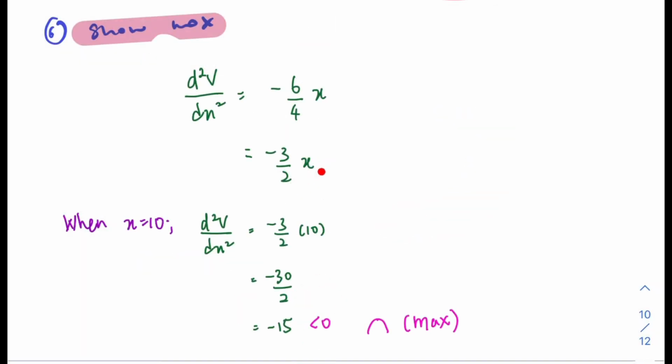So since you still have the value of x, we need to substitute the value of x here. Therefore, when x is equal to 10, second derivative is equal to negative 3 over 2 times 10, which will give you negative 15. So let's conclude here. 15 is negative, so it should be concave down. Therefore, it is proven that you have a maximum value.